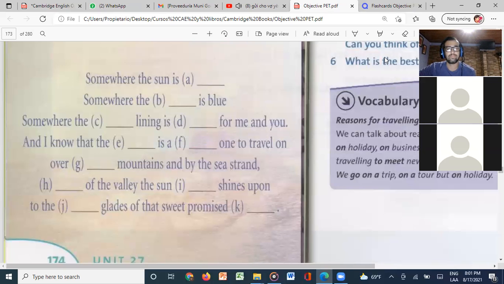And I know that the road is a hard one to travel on, over high mountains and by the sea strand. Out of the valley the sun never shines upon, to the gold glades of that sweet promised land.